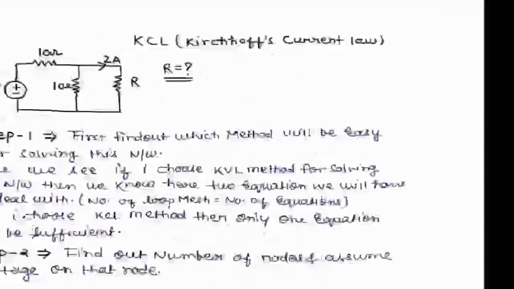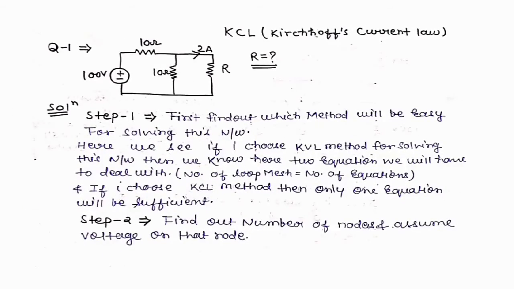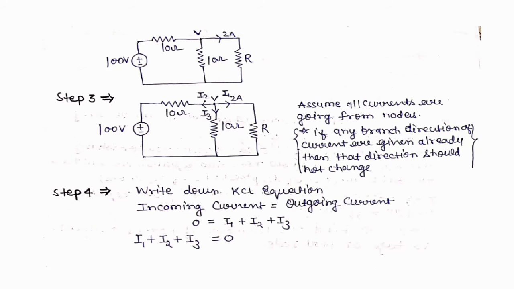What is the third step? You have seen we include VA; that is the second step. The third step is to assume all currents going away from the nodes.